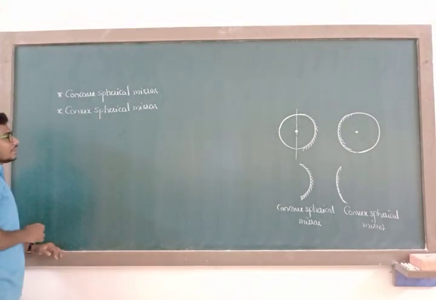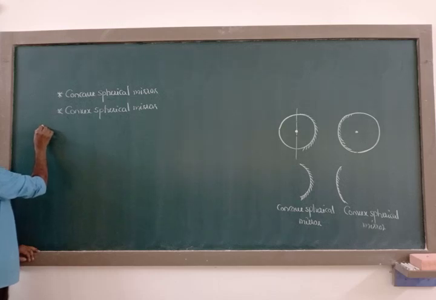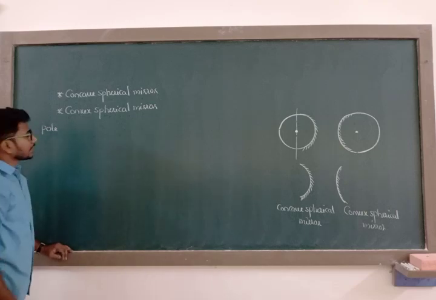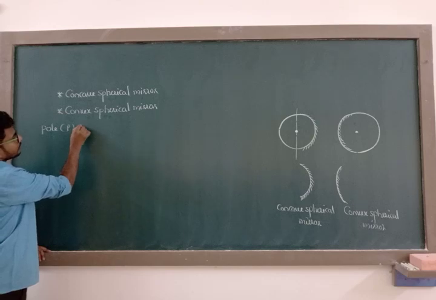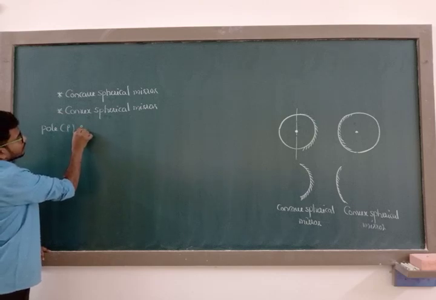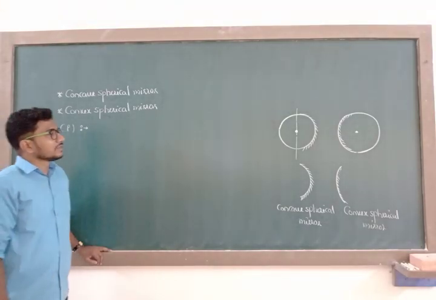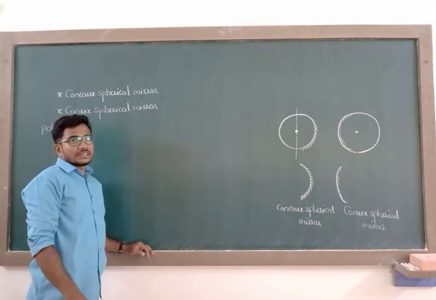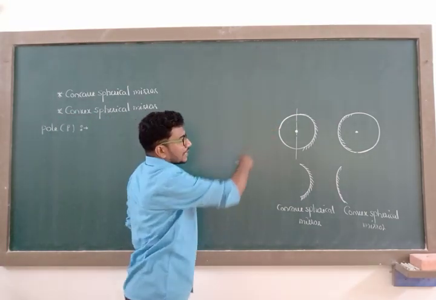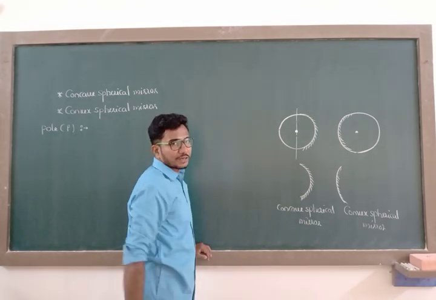First one, pole. It is represented by capital P. Pole is nothing but the midpoint of the circular boundary of the spherical mirror. It may be a concave spherical mirror or convex spherical mirror.